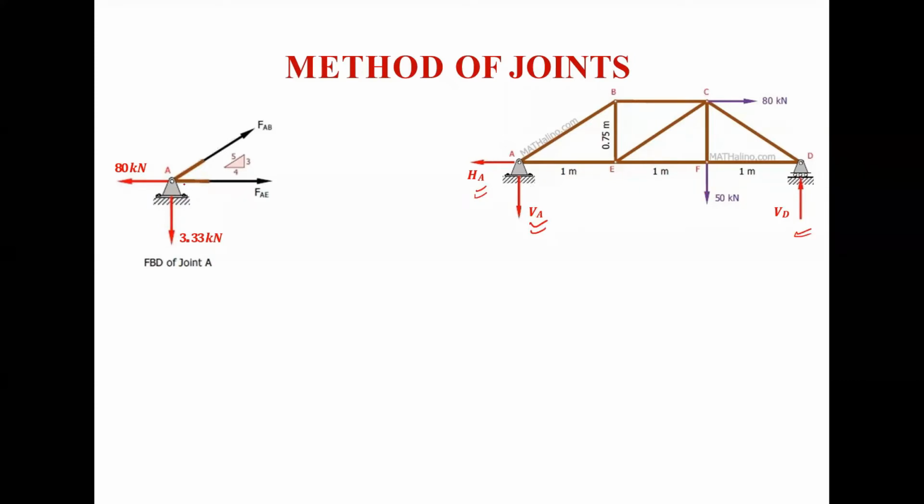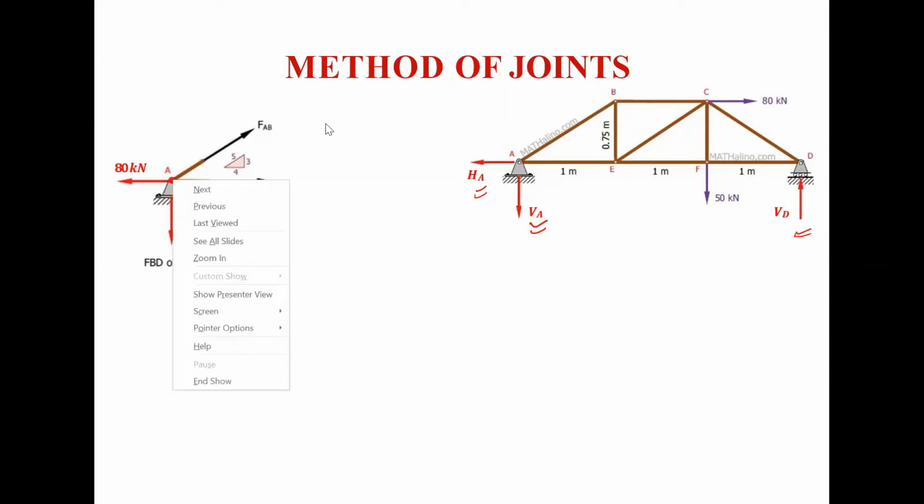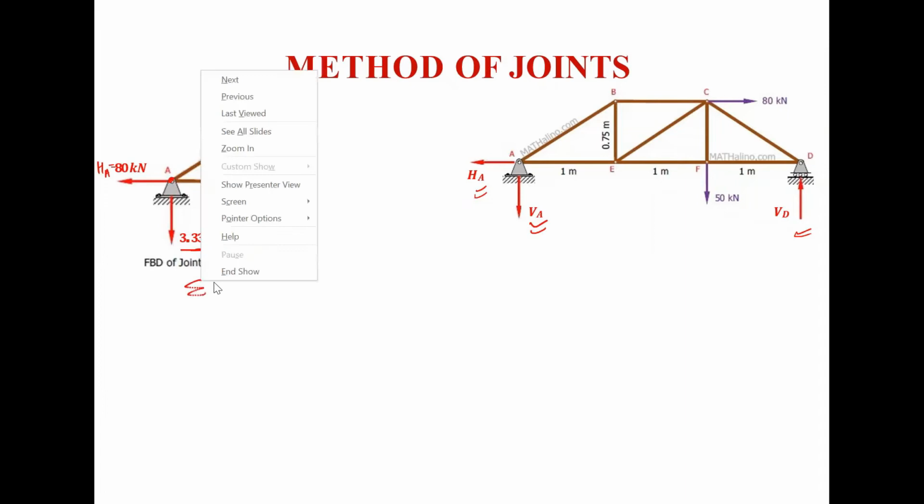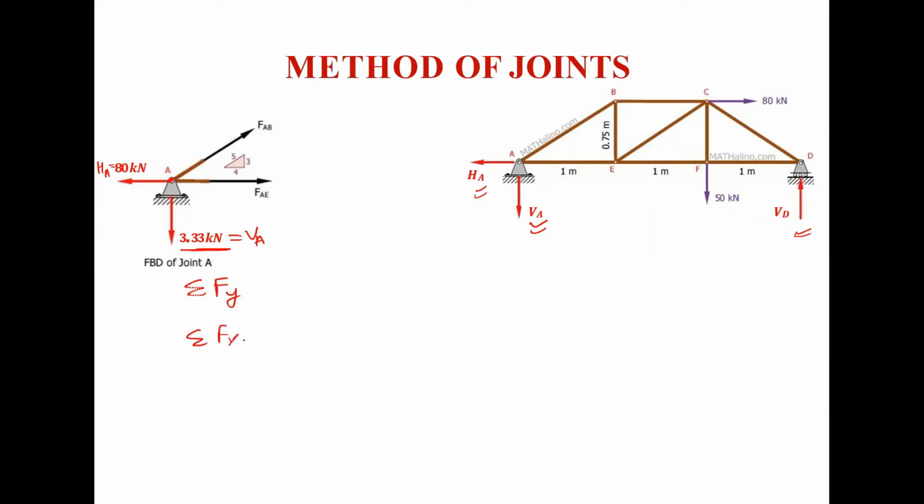Now we can consider the FBD of joint A to find out the internal forces. So here the FBD of joint A is shown, and this is your VA force. VA was 3.33 kilonewton, and here it is HA, that is 80 kilonewton. Now two forces are unknown, so you can apply vertical force balance and horizontal force balance.